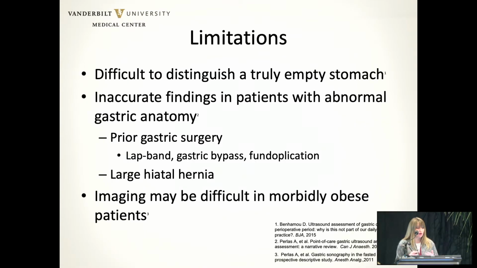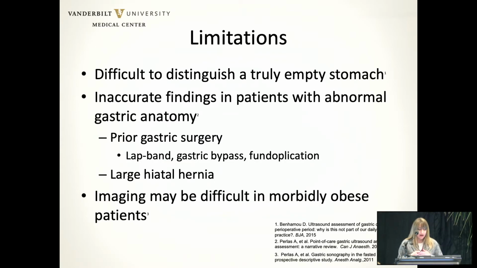Now, of course, there are limitations, and so I wanted to mention a few caveats. Thus far, gastric ultrasound's not been validated in patients that have abnormal gastric anatomy, so those with hiatal hernias or prior gastric surgery. And also, just important to note, sometimes when the stomach is very small, it can be kind of difficult to identify, and so that may leave you with an inconclusive exam, and the stomach is empty.